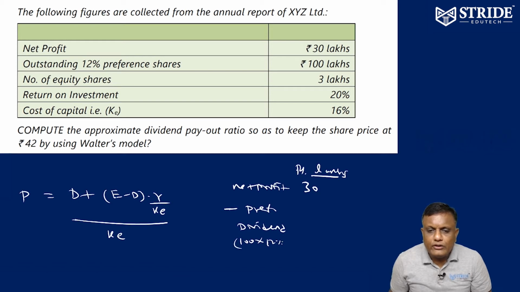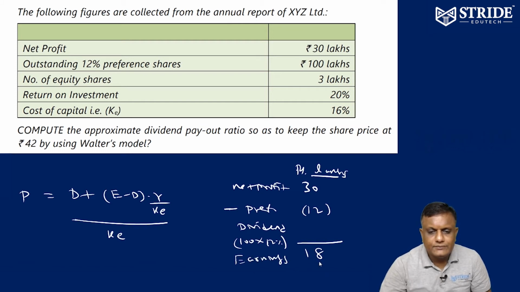Before giving an equity dividend, the preference dividend must be paid from the profit. 100 into 12% is 12 lakhs. So 30 minus 12 is 18 lakhs. This is the earnings that will go to equity holders.